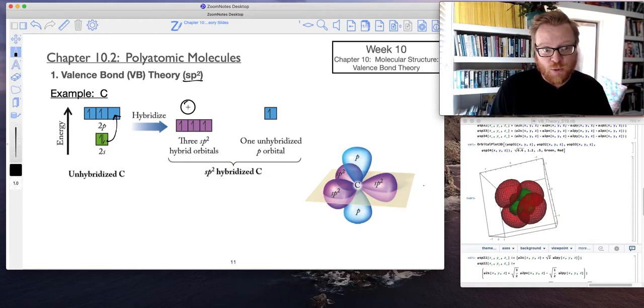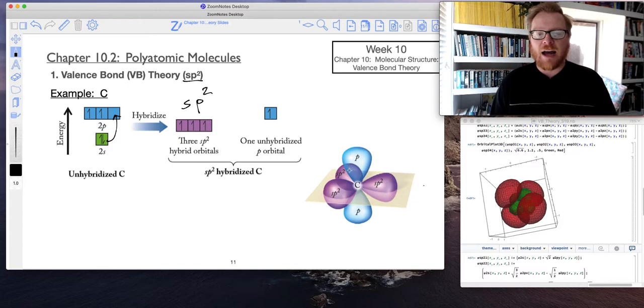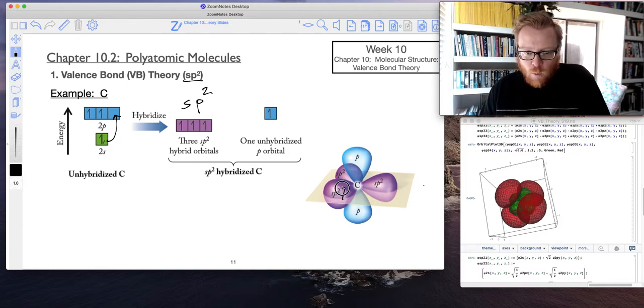So sp2, one s and two p's hybridize, and we've got one leftover p orbital, okay? That ends up looking something like this, where we've got one electron in each sp2, but then of course in the case of carbon, we will have one extra electron in that p orbital, whether it's the top or bottom lobe, okay?